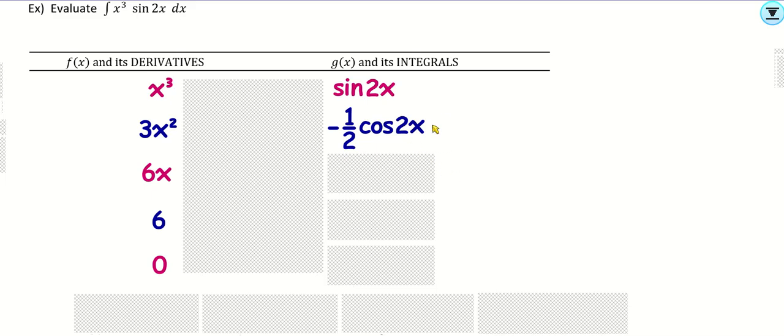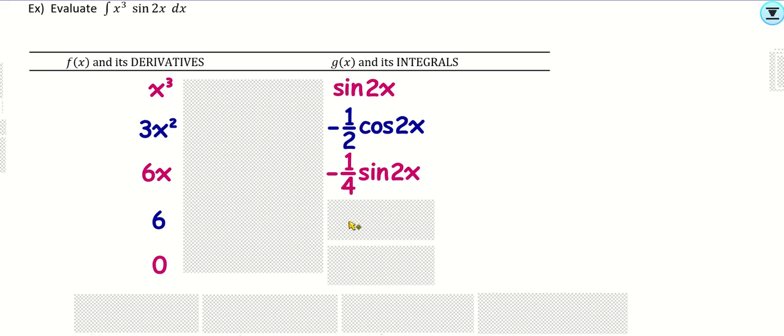So again, now we have to integrate again. What's the integral of this? Once again, it would technically be u substitution. You'd let u equal 2x, you'd get another 1/2 in the mix. And so we'd end up with negative 1/4 sine of 2x.